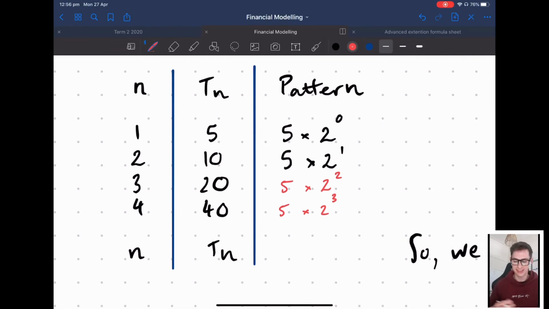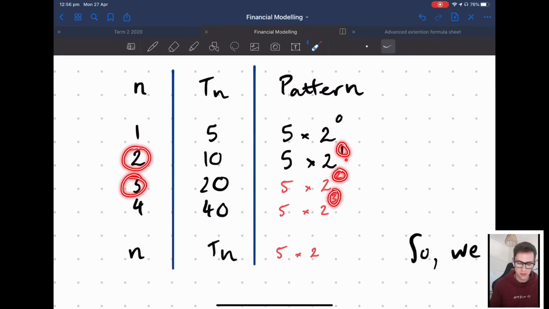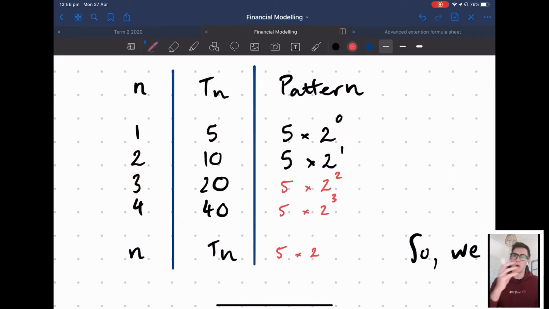So if I wanted to write this at the end for this example, for any spot, I'm going to be writing my A value times the ratio. But you'll notice with these powers and the spot that they're in, we've always got 1 less as my power than the spot that it's in, because we start in spot 1 with the power of 0.